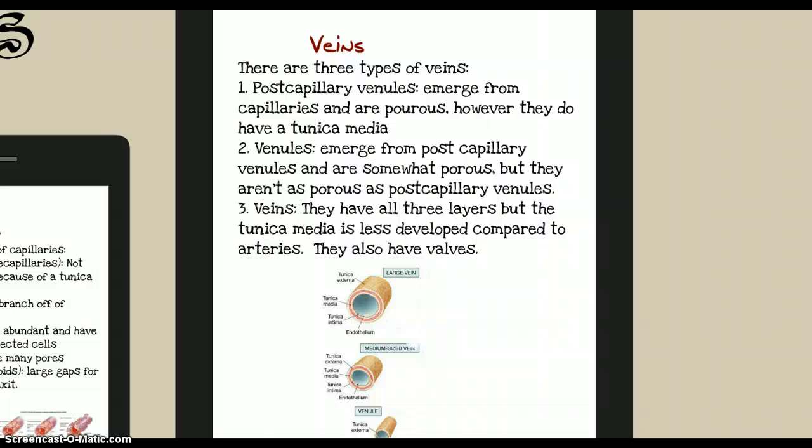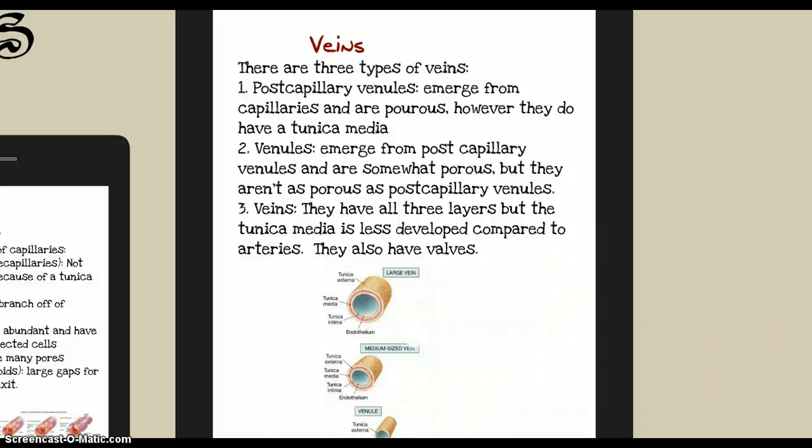And then there are venules as well. They emerge from postcapillary venules. So when your postcapillary venules merge together, they'll make a venule, and they're a little bit porous, but not as porous as postcapillary venules, and they have all three layers as well, I believe.